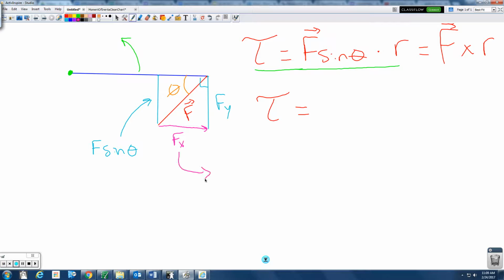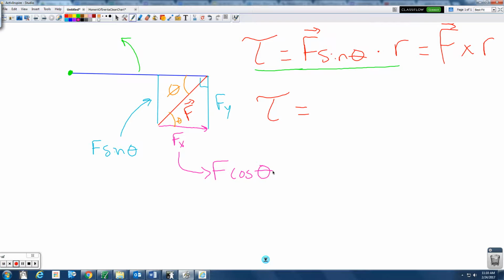And F sub x, which isn't doing anything to help produce a torque, is adjacent to that angle. You can see that this angle is also theta. So we could say that this value is going to be F cosine theta, because it's adjacent.